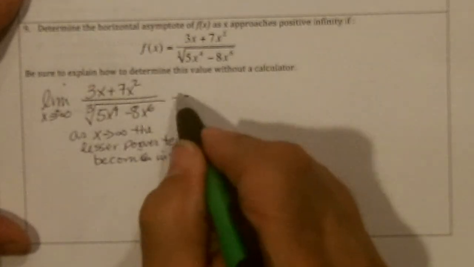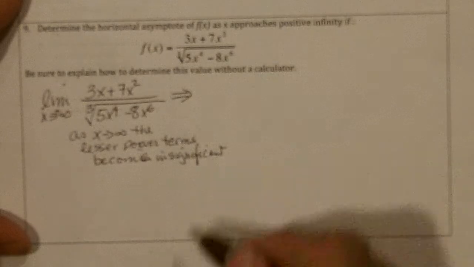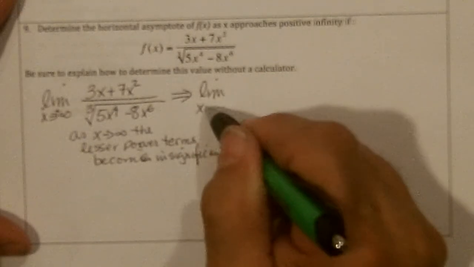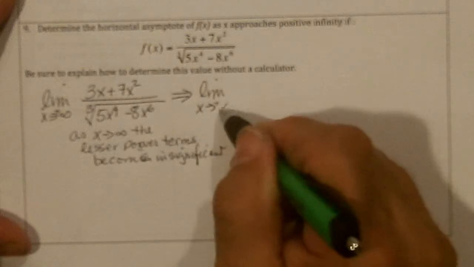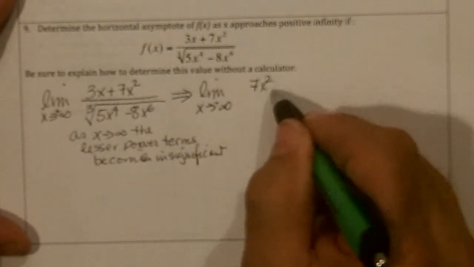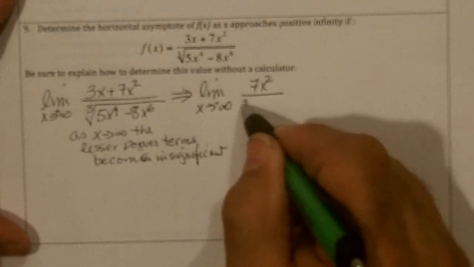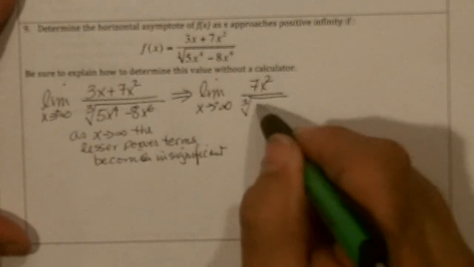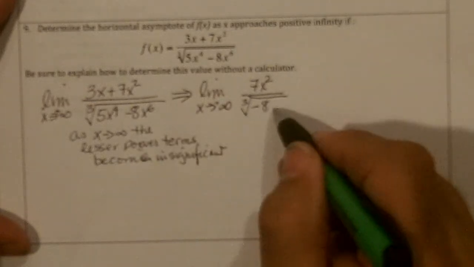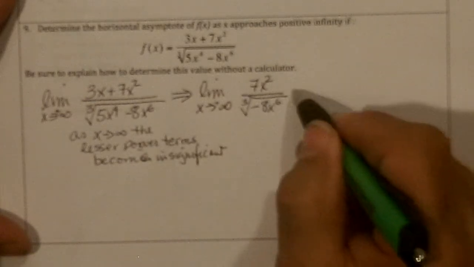So this can be simplified to, as x is approaching positive infinity, 7x squared over the cube root of minus, and some of you forgot to carry that, 8x to the 6th.